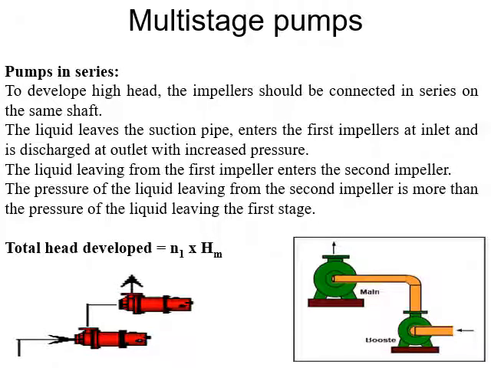The pressure of the liquid leaving the second impeller is more than the pressure of the liquid leaving the first stage. So if you want to achieve more head, pumps are connected in series. The total head developed equals the number of pumps used times the manometric head imparted by a single pump.